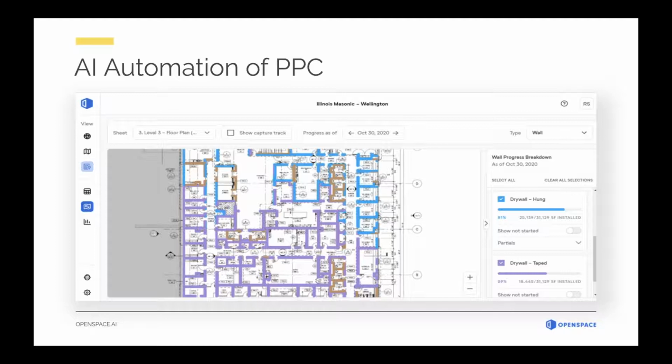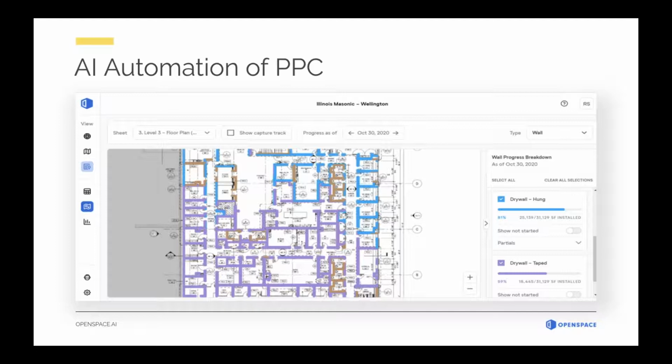It can pick these up with incredible accuracy, and it almost automates PPC. Well, it does automate PPC, and I think that's the big revelation: now teams can get down to the actual percentage. We are 59% done taped with drywall on the 4th floor of this building.